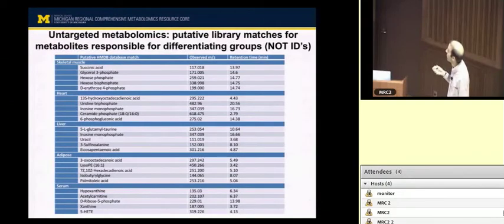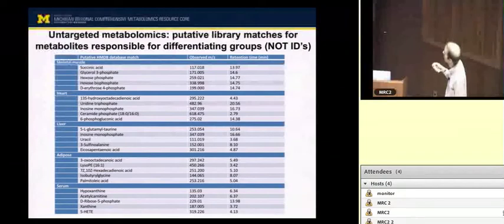And we come up with sort of a myriad of different metabolites in different tissues. So in skeletal muscle, succinate was one of the main ones. We have some substantial changes in glycolysis intermediates, pentose phosphate pathway. In the heart, we saw a change in this fatty acid. We see some purine metabolites, some nucleotide metabolites.